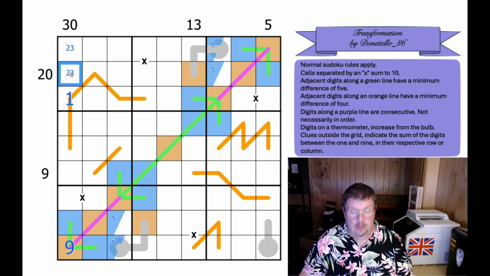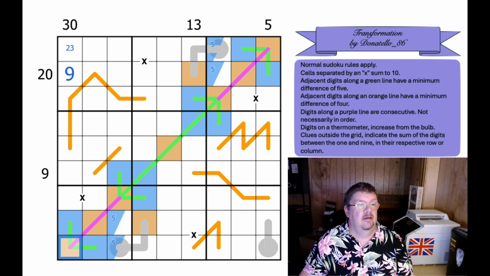Or we could have a 9 there, and a 1 there, and a 2-3 pair here. And then those 2 digits outside. Now, in this particular case, we can't put a crust of the sandwich, a 1 or a 9, in this cell up here, because either that would be a 5 or this would be a 2-3 pair.